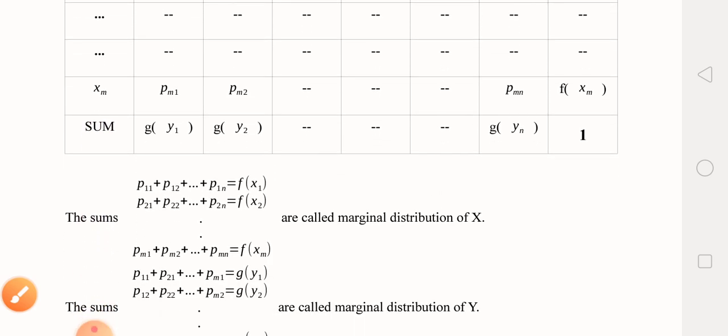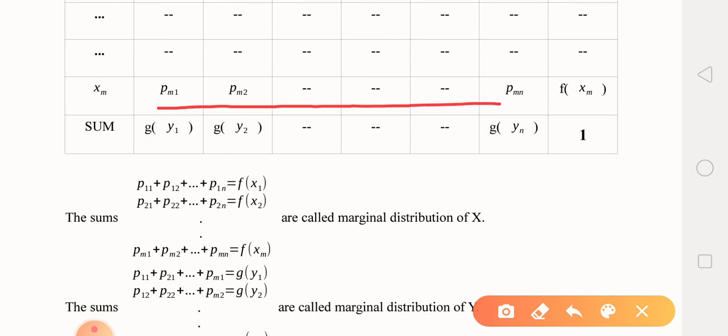Likewise, the last row Pm1 plus Pm2 plus up to Pmn is equal to f of xm. This f of x1, f of x2, f of xm are known as marginal distributions of X.